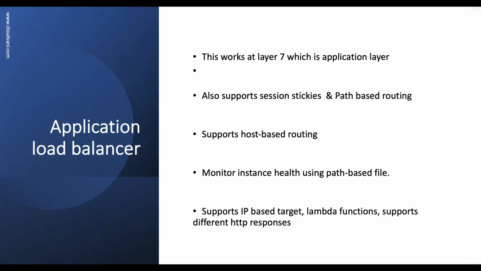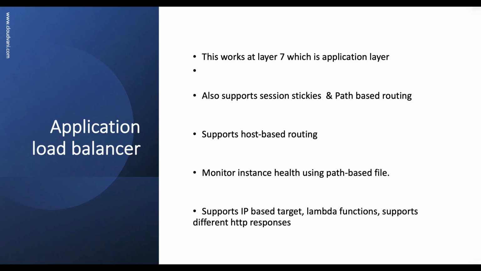And what is path-based routing? Path-based routing is going to route the traffic based on the URL. Let's say if I'm going to access google.com/photos, this is going to be sent to a particular target where the photos are installed or configured on the IIS.